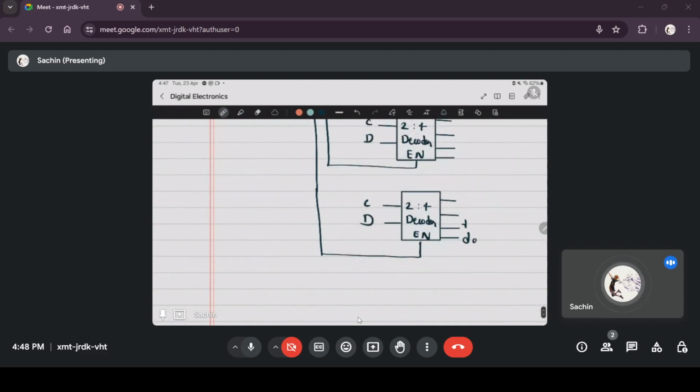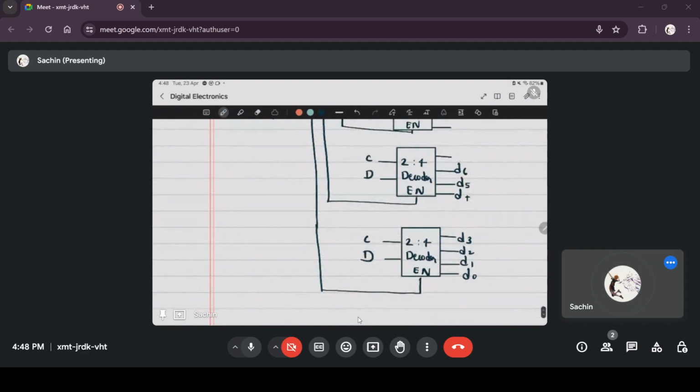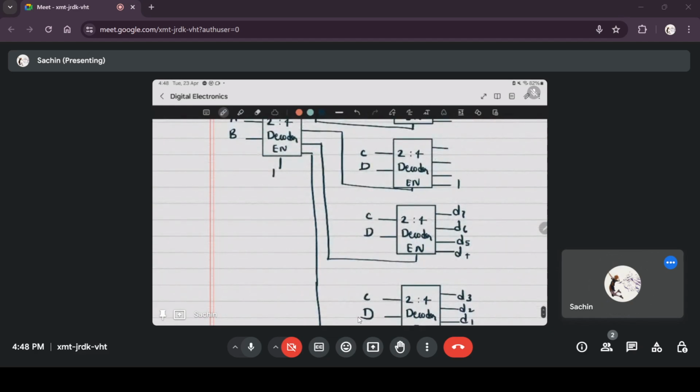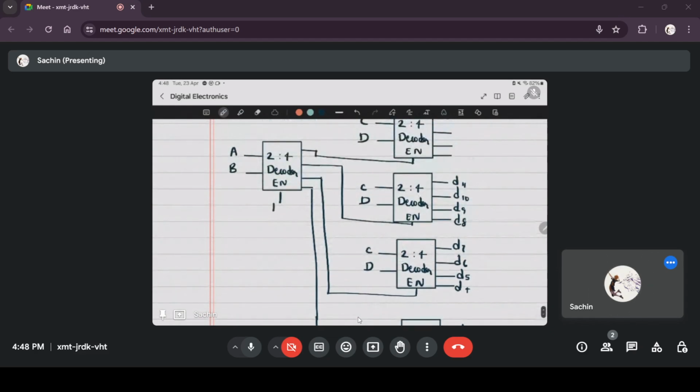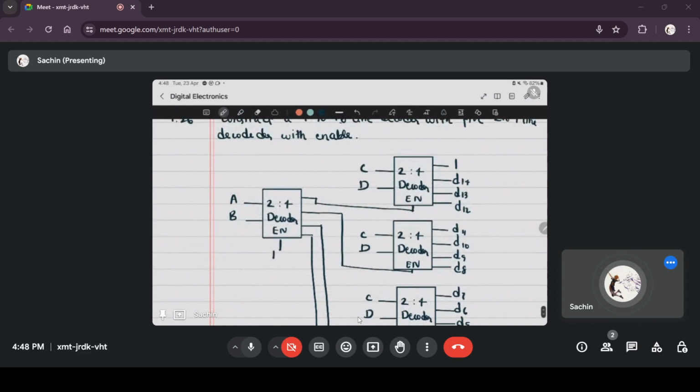And again, this will be D0, D1, D2, D3, D4, D5, D6, D7, D8, D9, D10, D11, D12, D13, D14, D15.